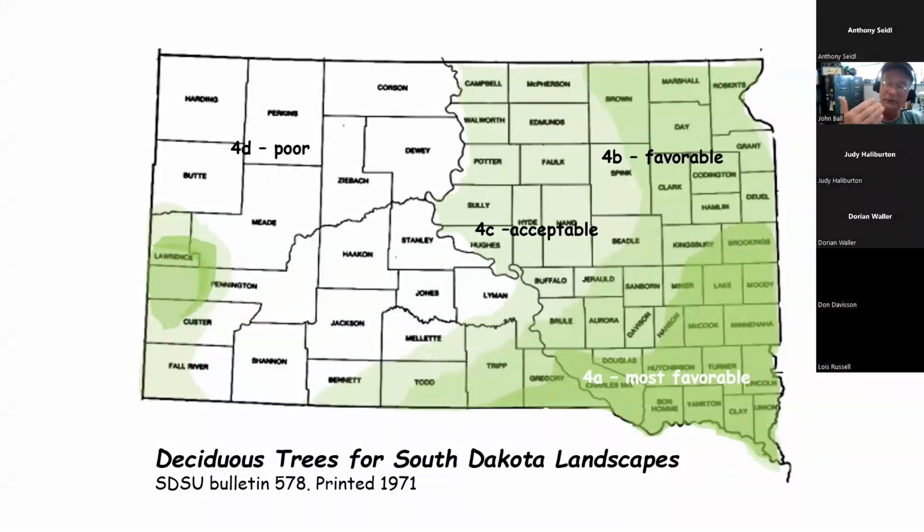And then we go into a favorable zone, which again fits that about 20 inches of precip. And then it starts getting acceptable till you hit the river, and then crossing the river, it goes to poor. So we have very limited choices. But in their book, they put all their trees into one of these 4 categories, or they might say it'll tolerate all 4, for example, box elder.